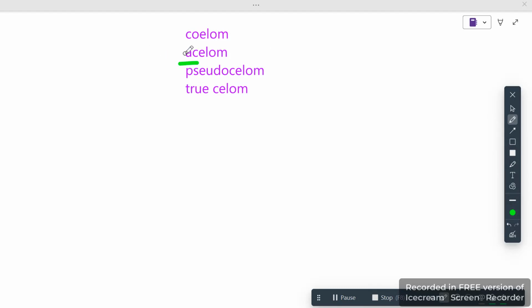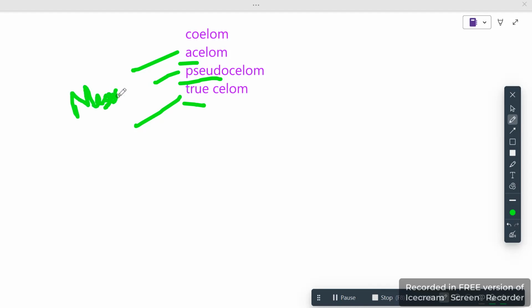A here is absence. Pseudo means false, and true literally means that it is actually present. So in acoelom there is an absence of the cavity, there will be no cavity between the body wall and the gut. In pseudocoelom there will be a cavity, but it would not be lined with what? Mesoderm.